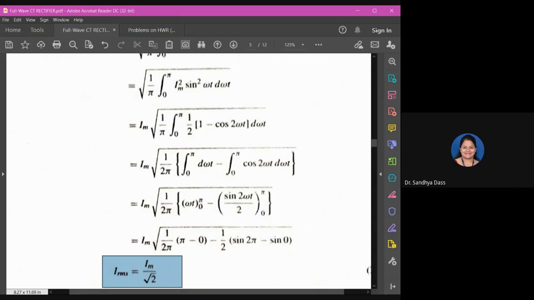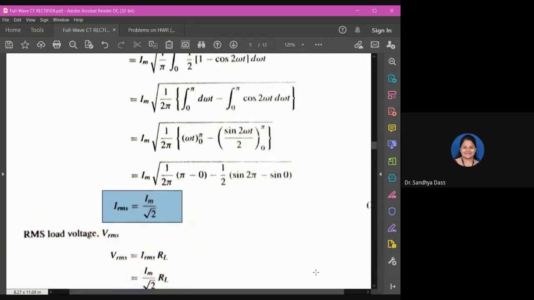Now observe here, typically if RF is equal to 0, then VRMS will be equal to VM by root 2, right? Do you observe that? VRMS is equal to VM by root 2. So that is what we will be using in our problems to find the VRMS or even VM.